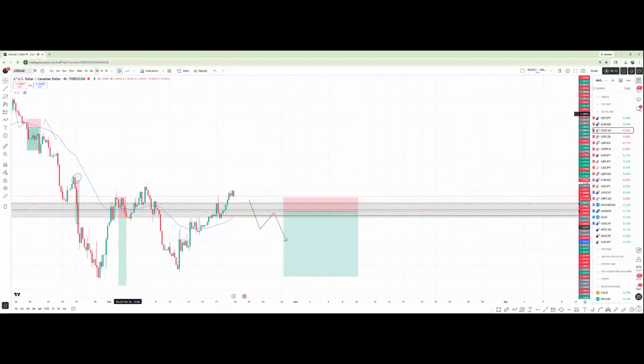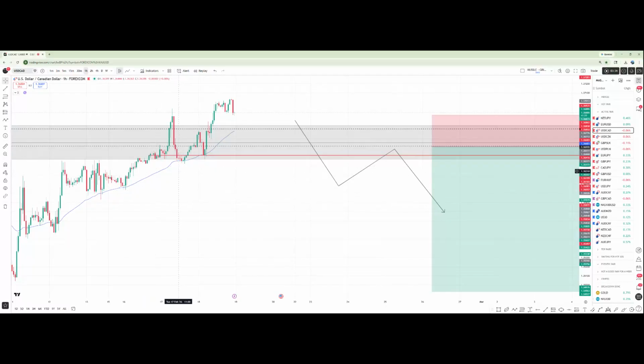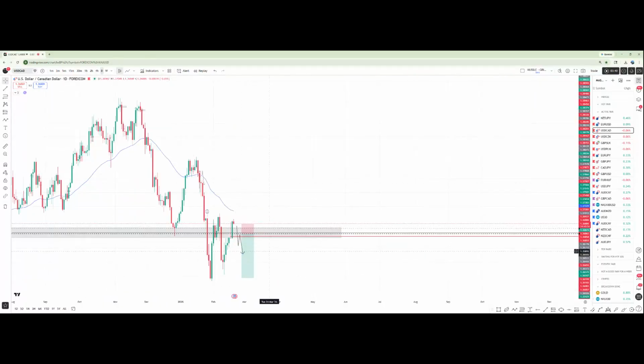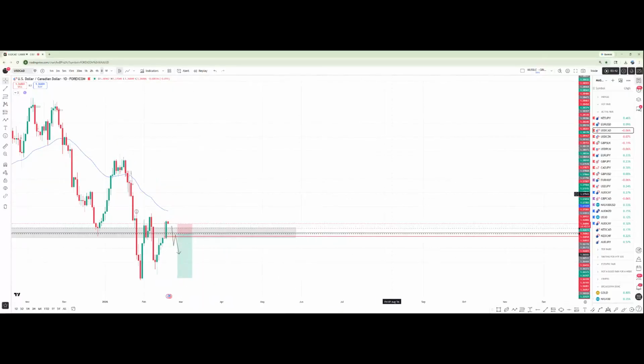Even though you have a shift of structure on the 1 hour, I'm not going to enter on that because the daily doesn't give me a daily confirmation of rejection. Here we have a rejection, but it doesn't give me a totally bearish look.